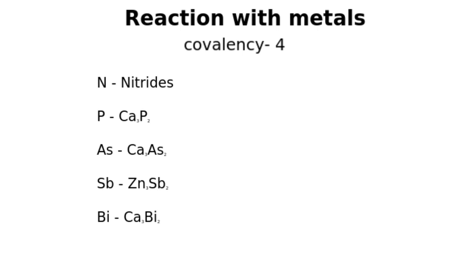Phosphorus will form with calcium Ca3P2. Arsenic will form Ca3As2. Then antimony forms with zinc like this, and bismuth Ca3Bi2.